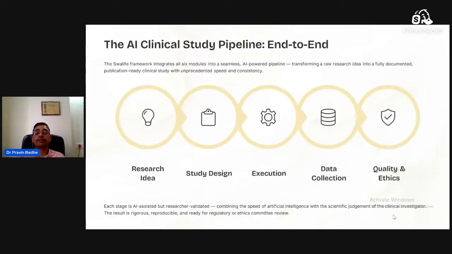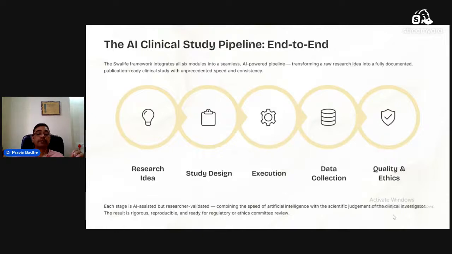You analyze, you get the information, understand the quality and ethics points of the studies, and you combine that information, which you will be validating first, so that way the complete clinical work is done.